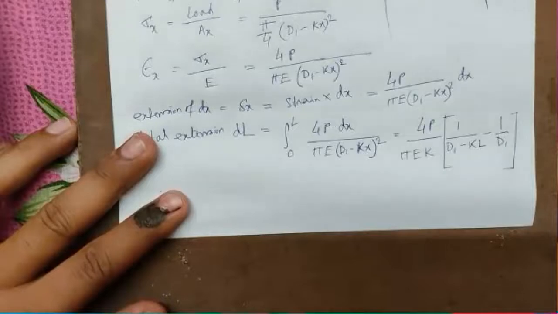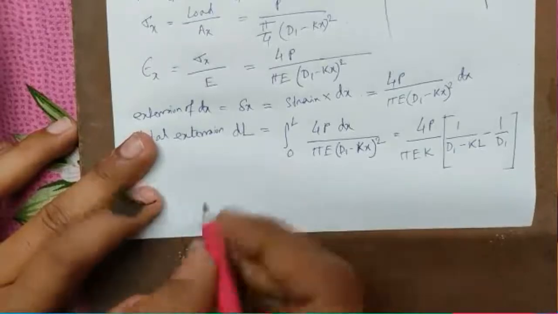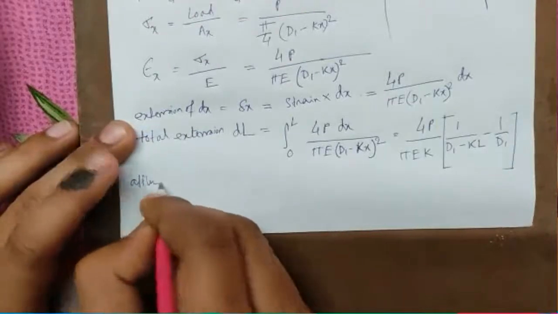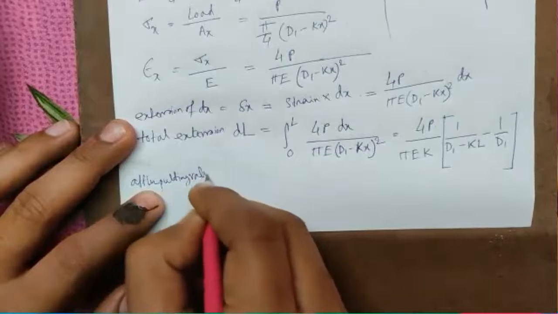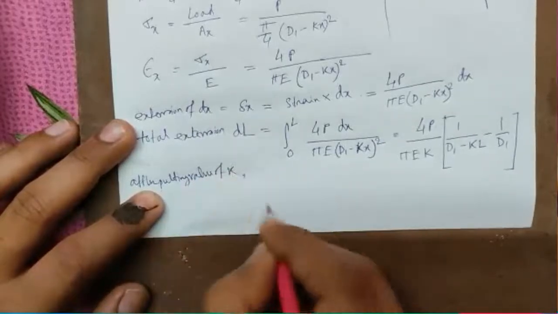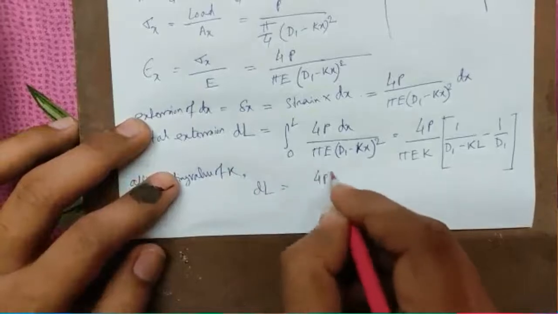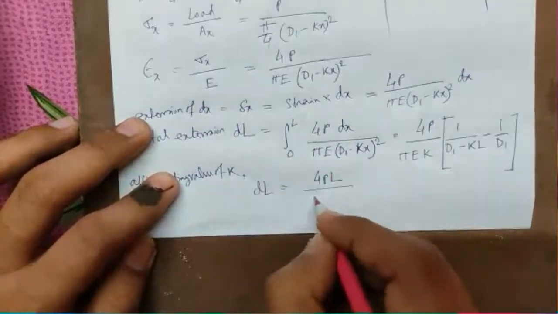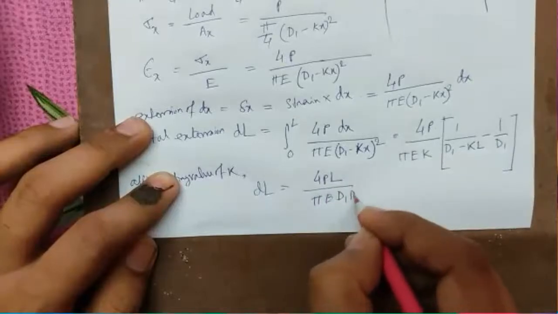Now we can put the value of k back in here. After putting the value of k, after calculating, so let me write it here, after putting the value of k, you will find finally dl will be equal to 4pl by pi e d1 d2.